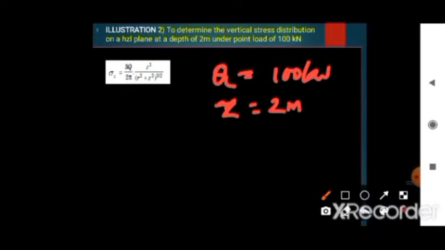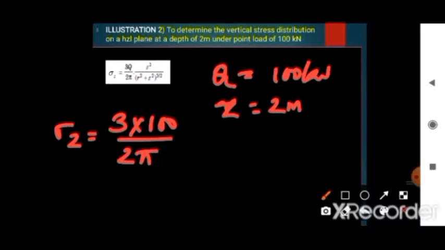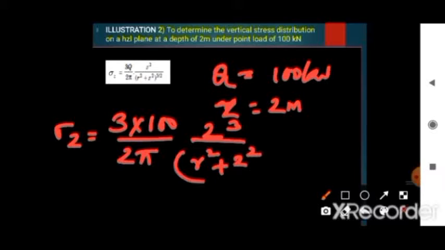So the equation will be sigma z is equal to 3 into 100 divided by 2 pi, into 2 cube divided by r square plus 2 square to the power of 5 by 2.